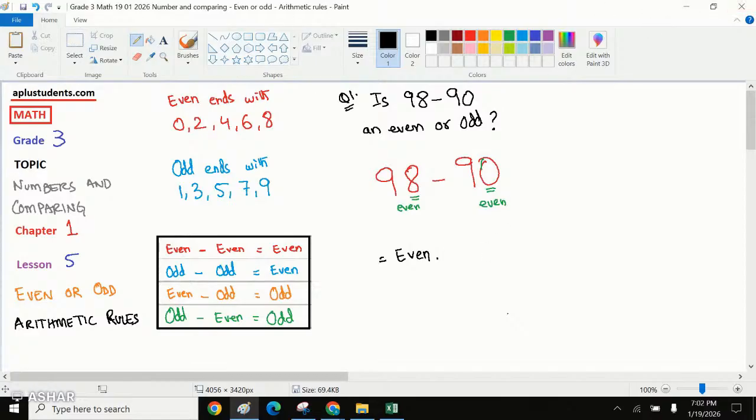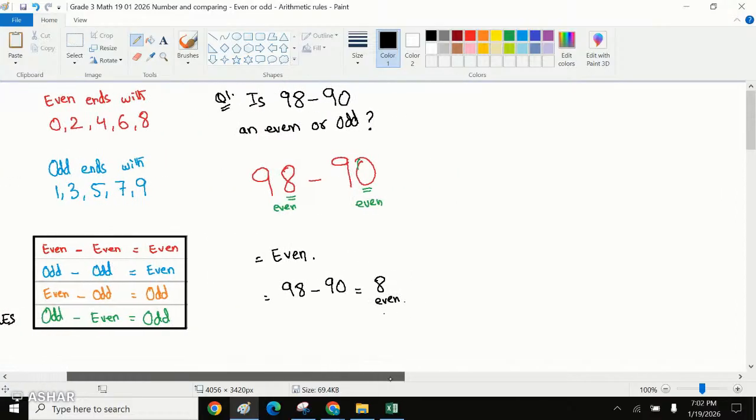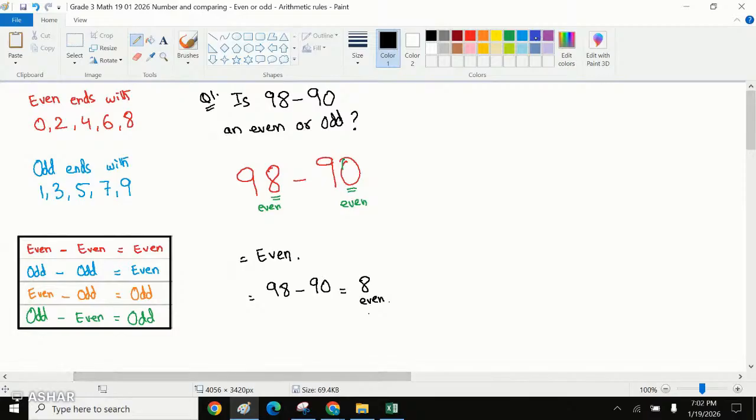In this case, 98 minus 90 would be 8, right? And we know that 8 is an even number. Agreed? So in this topic, we are just looking at whether the result would be even or whether the result would be odd.